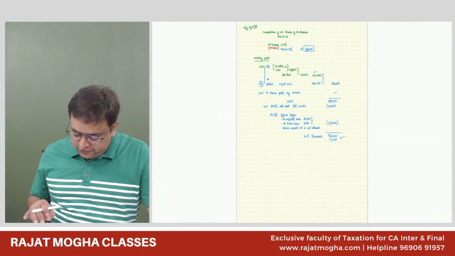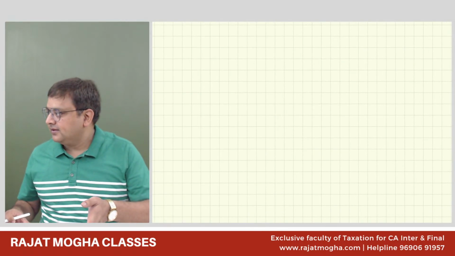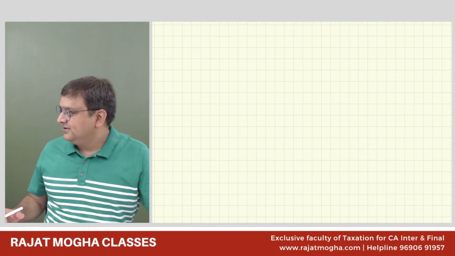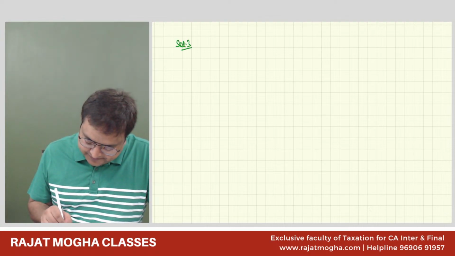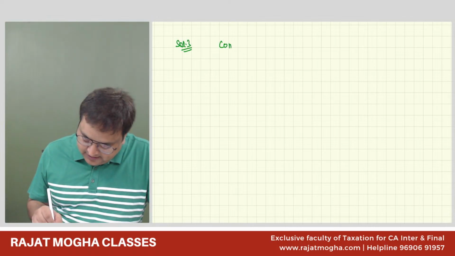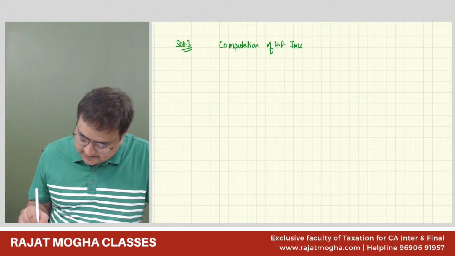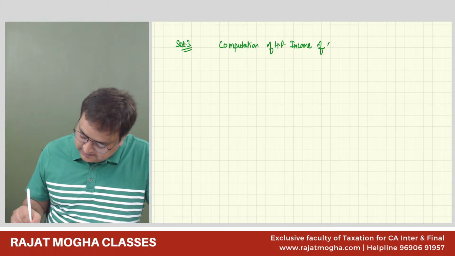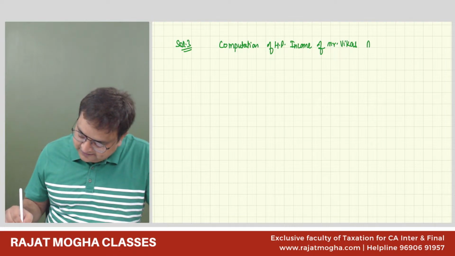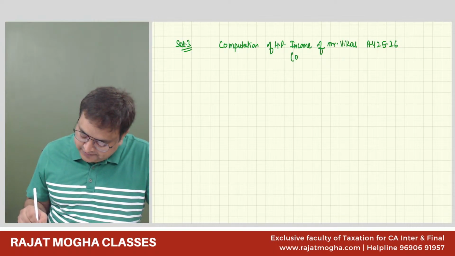So guys, you have to do this question. I'm just giving you a format right now. Correct, Sugandha. So it would be solution number 3. Computation of house property income of Vikas, this is assessment year 25-26 and he's following optional regime.